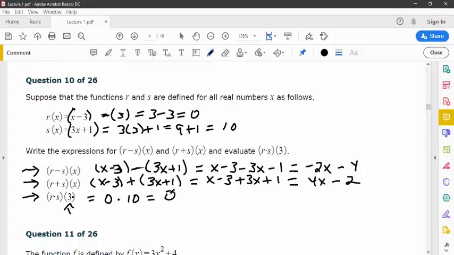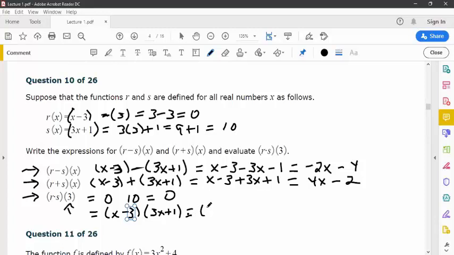The other method is you would have to multiply the two together first. So you would have the x minus 3 times the 3x plus 1. And you could either FOIL here, or again, you could just substitute in the value 3.